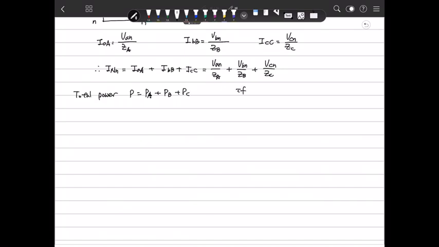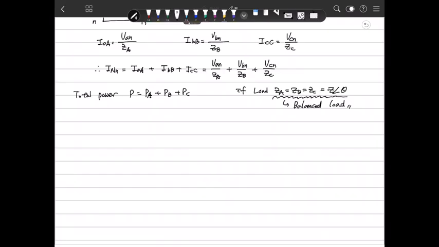If the loads ZA, ZB, ZC have the same magnitude of impedance and the same phase, we call this a balanced load. The magnitude should be the same and the phasing also the same, then you can say this is a balanced load.